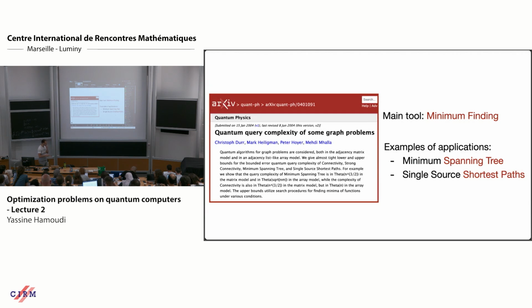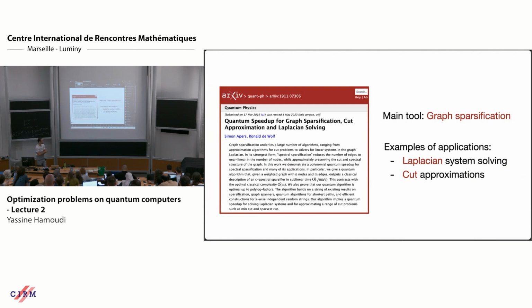What we just saw is an application of quantum minimum finding. This is a foundational paper from 2004 that contains other nice applications, for instance, solving single source shortest path. Now, more recently, a much more advanced application of Grover type technique is to accelerate something called graph sparsification, which is a very important object, which consists of starting from an initial graph, you want to remove as many edges as possible, and you want to preserve some spectral property of the graph.